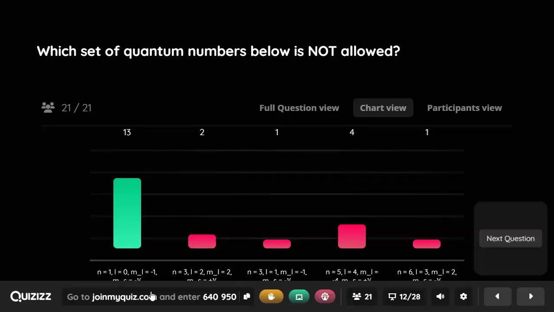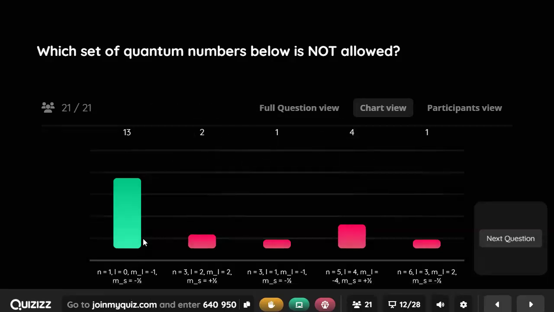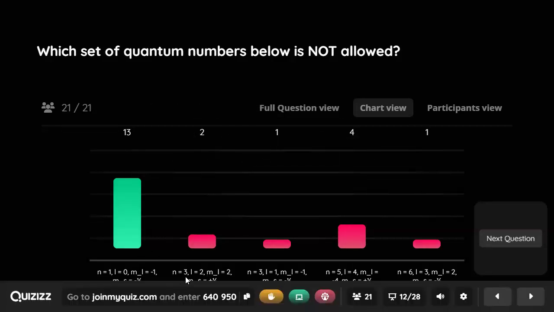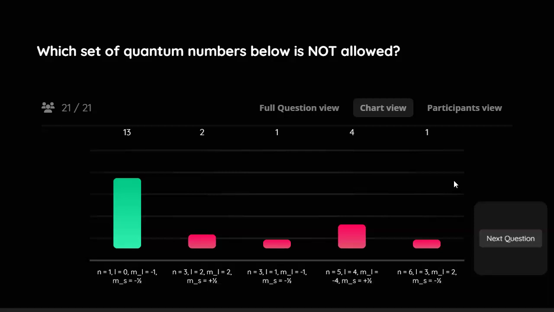It's a sphere. It goes in all 3 dimensions all the time. Everything else is within boundaries. L has to be within n-1 of n, so 3 to 2, that's okay. M sub L has to be within -L and positive L, so that all works out for all of these as well. We really just get down to, in that first one, we broke the rule with the magnetic quantum number.